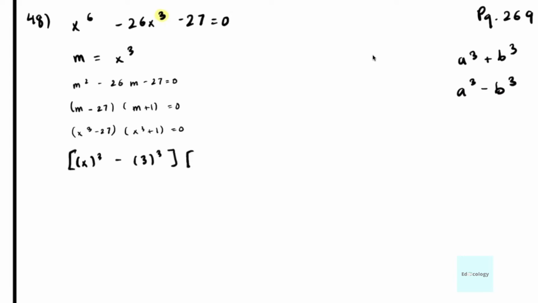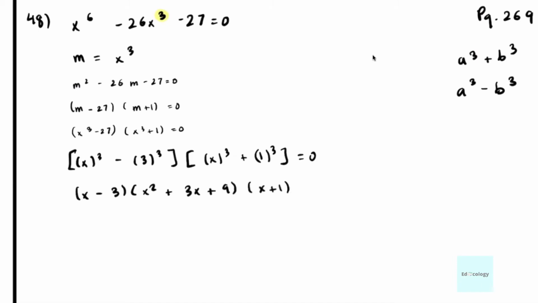And then the second one will be x to the power 3 plus 1. Now we're going to expand each one of these two, which will be x minus 3 times x squared plus 3x plus 9, then times x plus 1, x squared minus x plus 1.